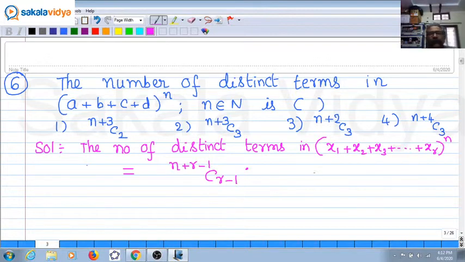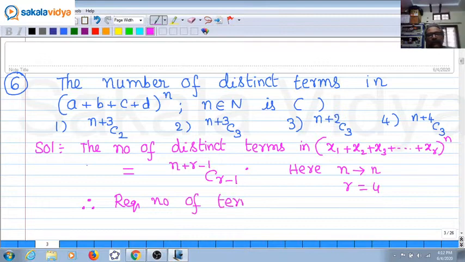Understood now? Here in this problem n means n only. Here r means how many are there? 1, 2, 3, 4. r is equal to 4. Therefore, required number of terms equals n plus 4 minus 1 C 4 minus 1, that is n plus 3 C 3. That means second option is the right option.